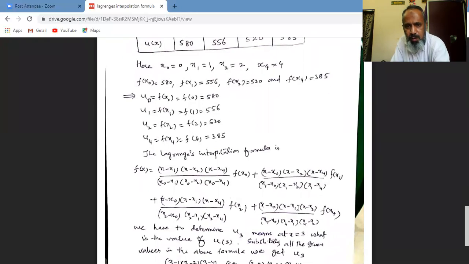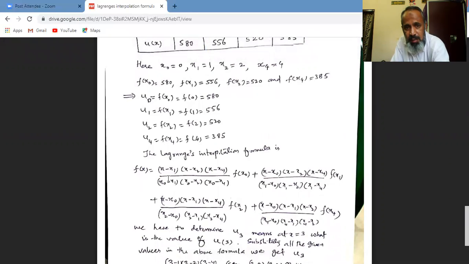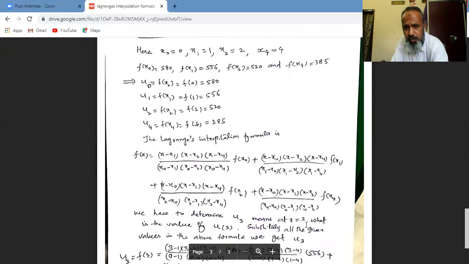Similarly, for the third term, we write (x minus x0)(x minus x1)(x minus x4), not x minus x2, divided by (x2 minus x0)(x2 minus x1)(x2 minus x4) into f of x2. In the last term, we write (x minus x0)(x minus x1)(x minus x2) by (x4 minus x0)(x4 minus x1)(x4 minus x2) into f of x4.